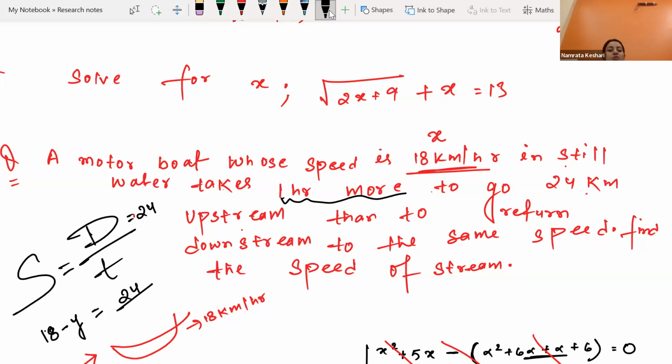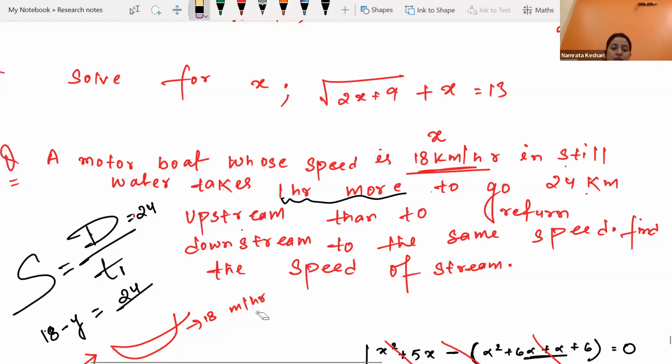So let's read the question again. A boat is taking 1 hour more to go 24 kilometers upstream than to return downstream. That means the time in this scenario and the time in the downstream scenario, their subtraction is 1 hour. Are you getting it?